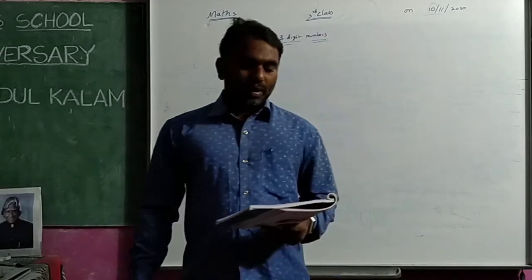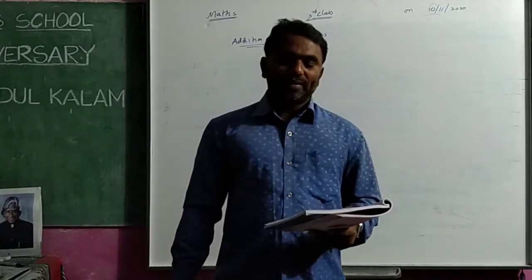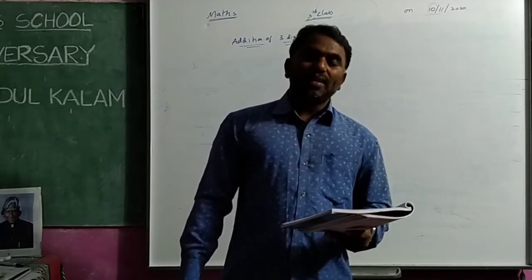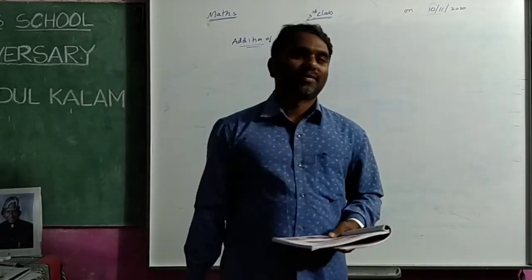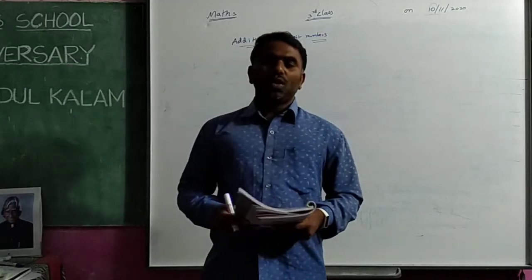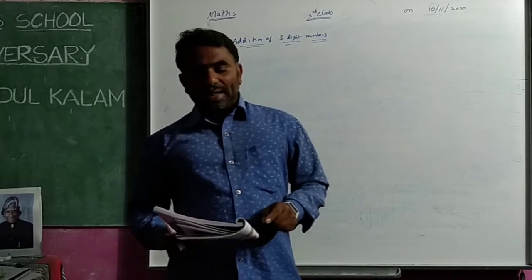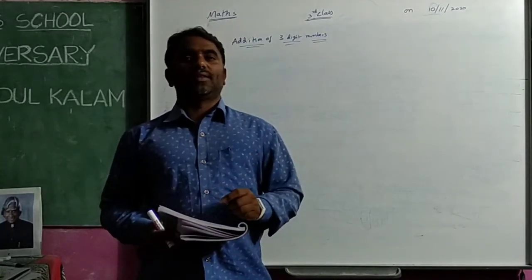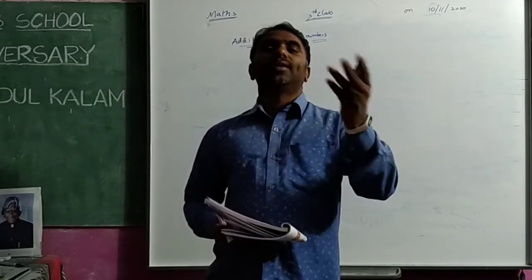We also know that the total number of students in Timmapur school is 269. Now find the total number of students in the two schools. Do you understand the question? In Kondur school 147 students are there and in Timmapur school 269 students are there. How many students are there in the two schools all together?